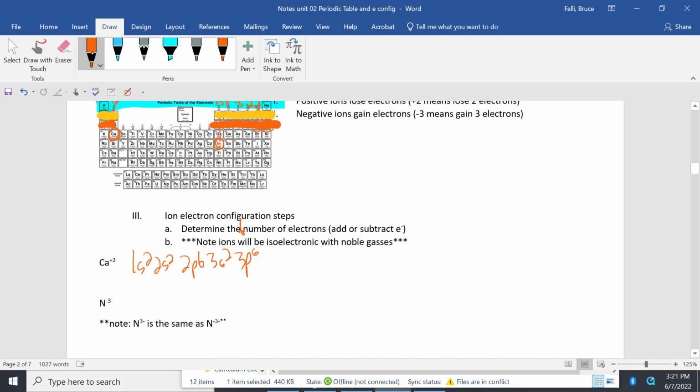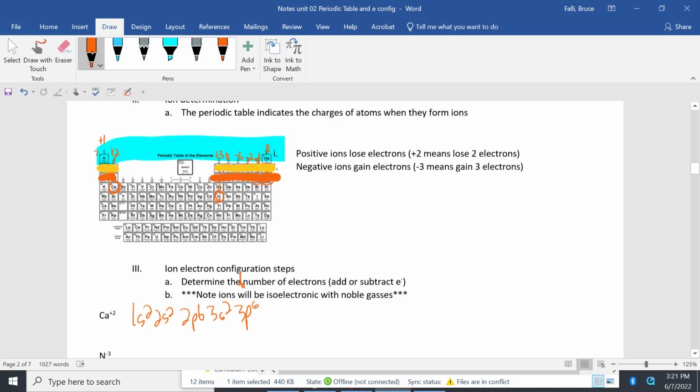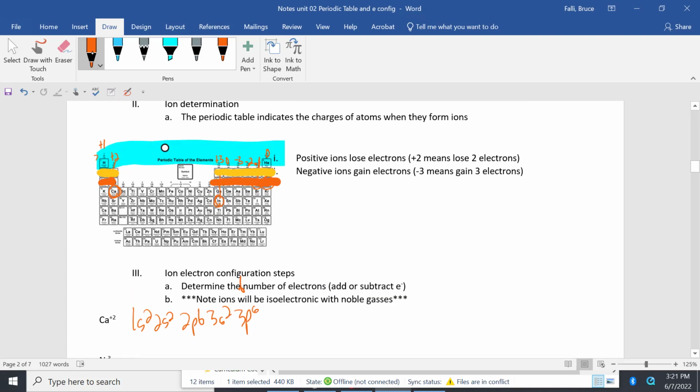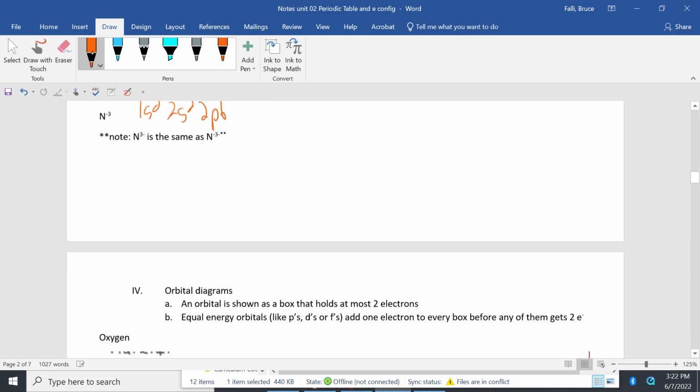There it is, and that's the right number. Okay. N-3, I'm going to add 3 electrons to nitrogen. So nitrogen is right here. 1, 2, 3. It's the same as neon. Well, neon is 1s2, 2s2, 2p6 to be the same as neon.